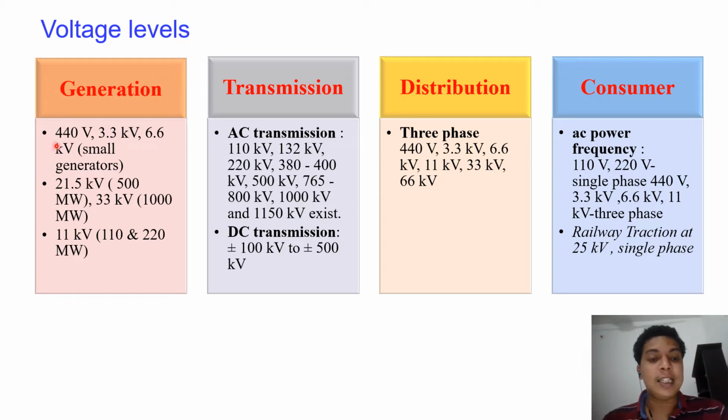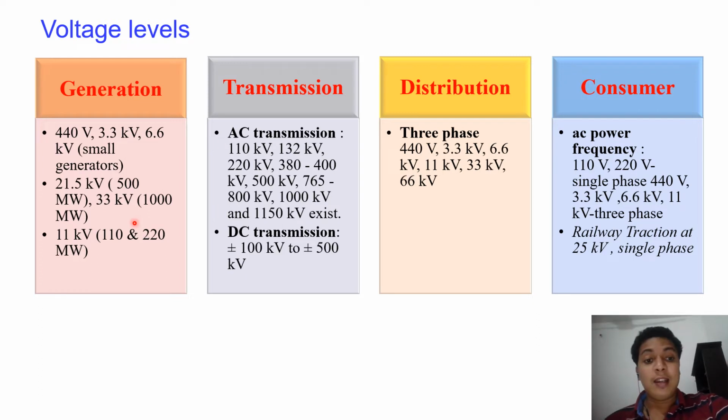We have different generation levels. You can see here, small generators are those generating at 440 volt, 3.3 kilovolt, and 6.6 kilovolt. Then there are medium and high voltage generators, like 21.5 kV and 33 kV, with 500 megawatt and 1000 megawatt capacity.